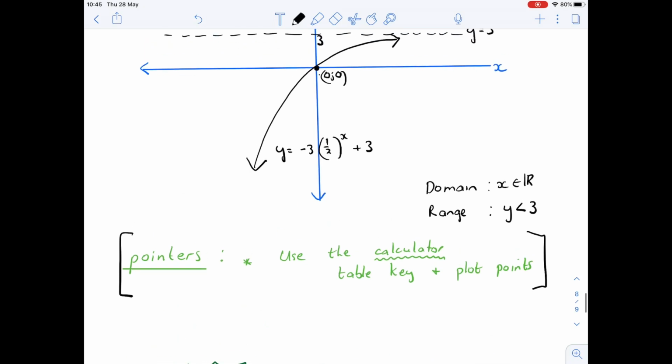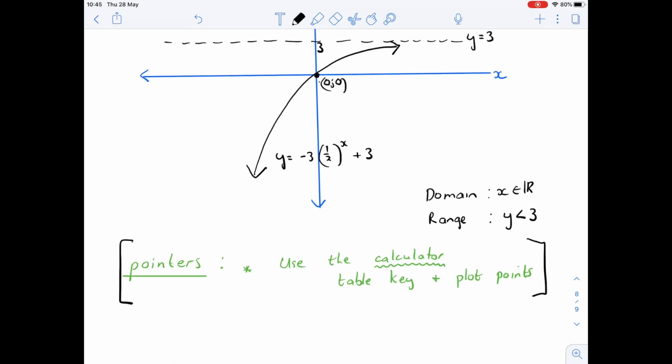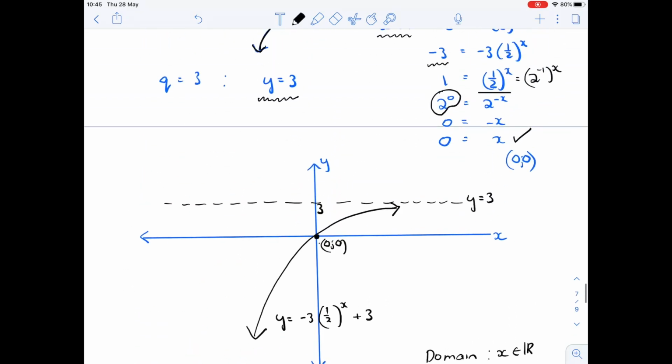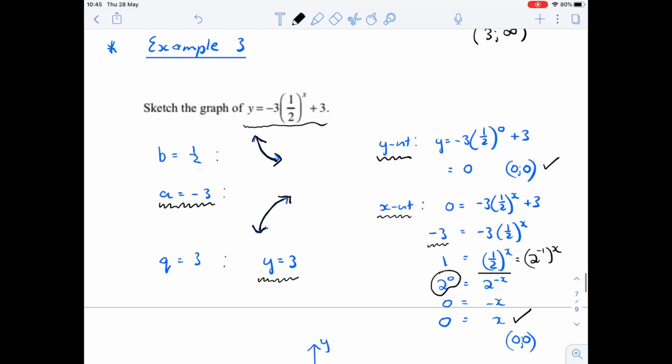Okay, pointers. Once again, you can always use the calculator. And then remember, you've got that table key. And you can plot a few points, all your x's and your y's, just to see that you've actually got it going in the right direction. But we can't go wrong with the following. What we do is you identify your b to see if it's increasing or decreasing.